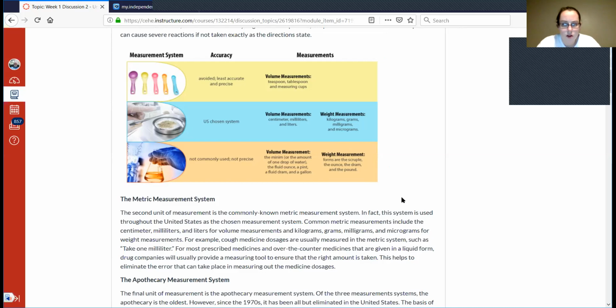Ideally, every drug would be calculated and dosed based on the weight of the patient rather than being given a pill. But that's not the way medicine is working at the moment. So there are drugs that we have to dose in so many milligrams or even micrograms per kilogram of body weight. But most of our patients are weighed in pounds. So we have to convert pounds to kilograms.